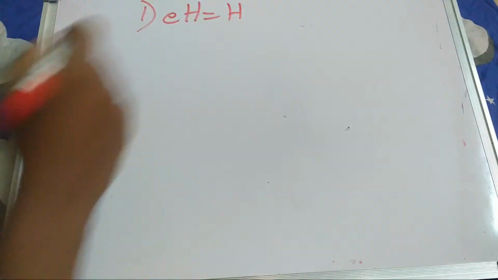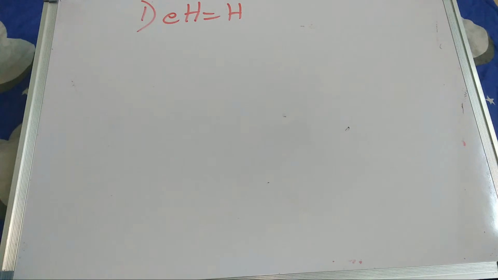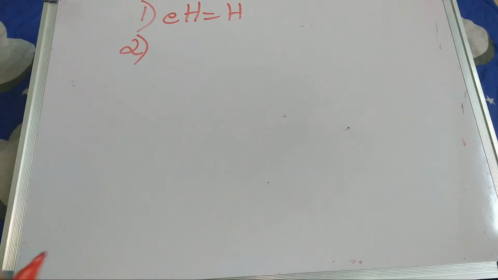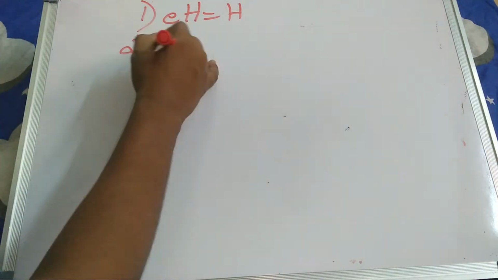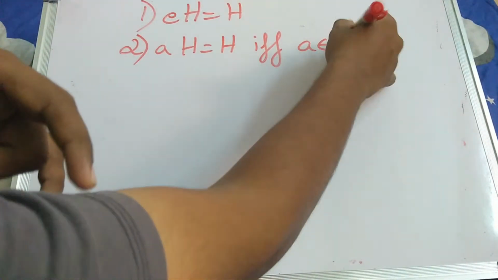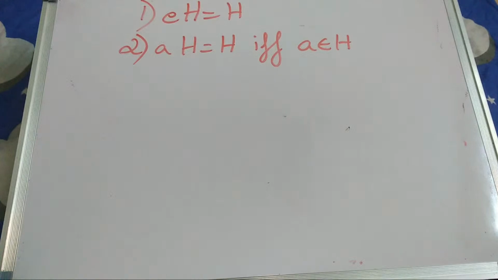The first observation is eH is equal to H. Now the second observation will be easy for you to prove, yet we will try. aH equals H if and only if a belongs to H. This statement will be used very often in our proof techniques, but it is very trivial to prove.